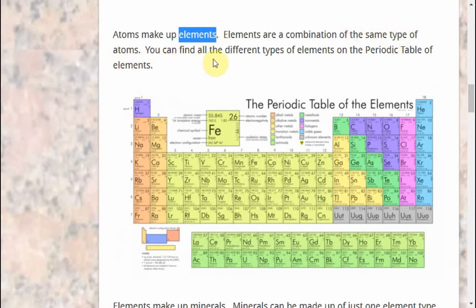You can find all the different types of elements on the periodic table of elements known here. You'll see this in your chemistry rooms, in your biology rooms, and obviously in my room, Earth Science room as well. And notice this information indicated here.